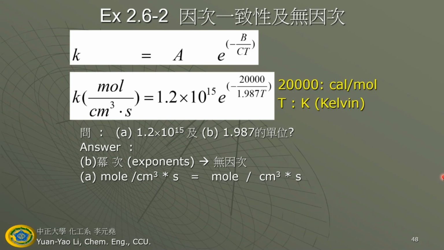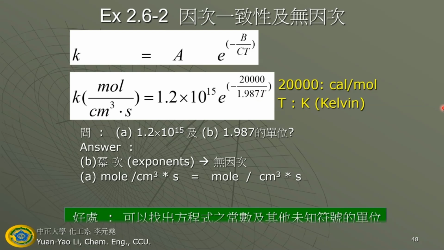It's easy. How about this one? The unit of 20,000 is calorie per mole, and it needs to be equal to what? The unit of 1.987 times Kelvin.